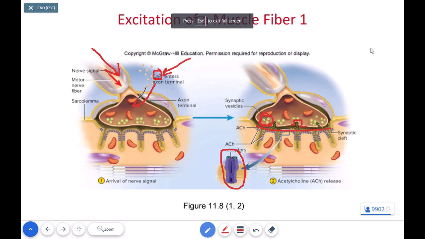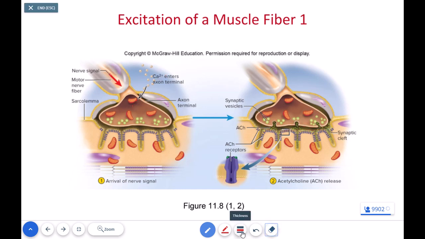So as we're looking at the neuromuscular junction, as I said earlier, we'll have the action potential traveling down the cell. When that action potential gets to the end of the axon, or the axon terminal, it causes calcium ions to go in. Calcium is then going to bind to the storage vesicles filled with acetylcholine, also known as synaptic vesicles.